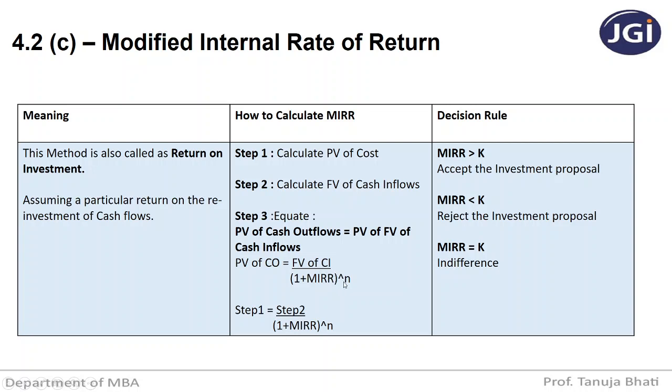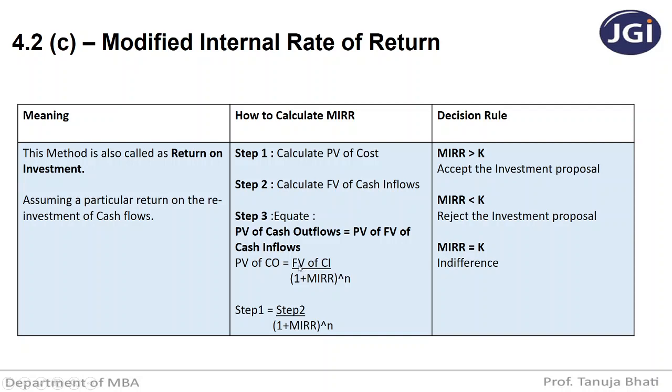You all know the formula: A is equal to P into (1 plus r) raised to n. Now, if you want to find out P, where A is the future amount and P is the principal amount, what do we do? A divided by (1 plus r) raised to n, because we want to bring this future value to present value.